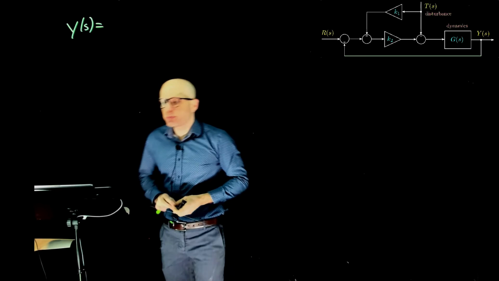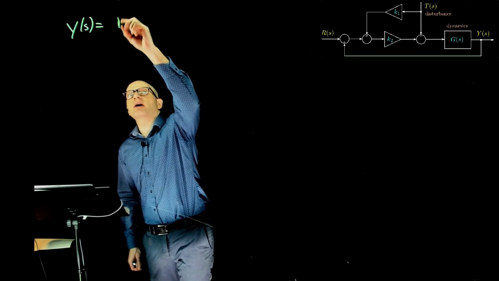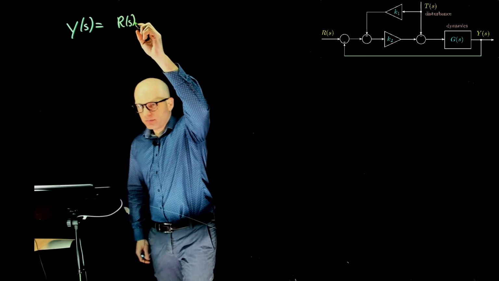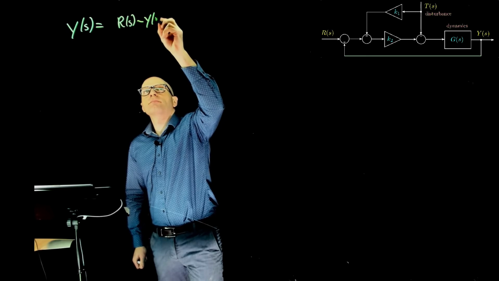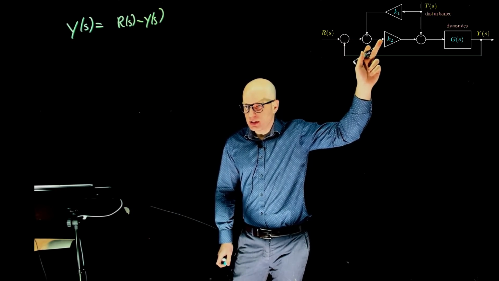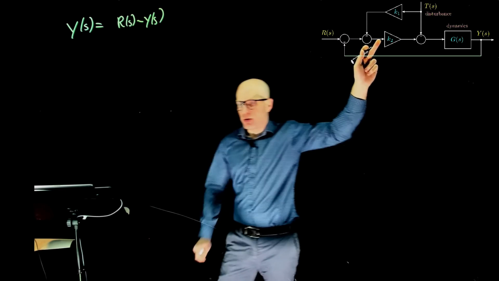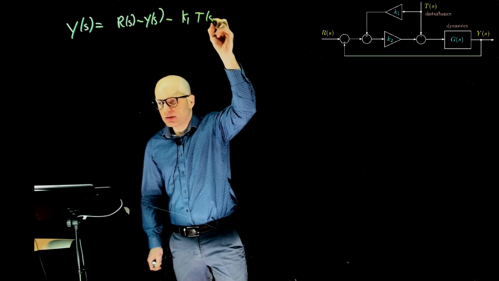So let me write the expression for y of s, and then let's see if that makes any sense. So we have r of s minus y of s. That's the signal right here. What is the signal there? It's the same signal, but now minus k1 times t of s.